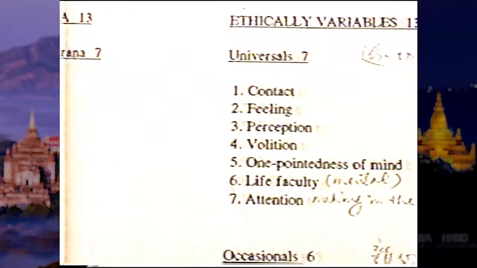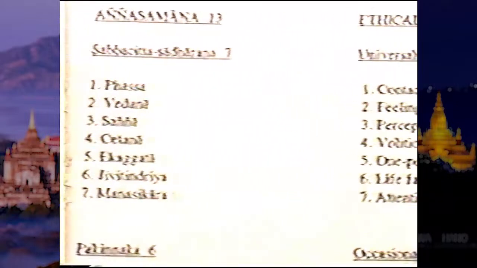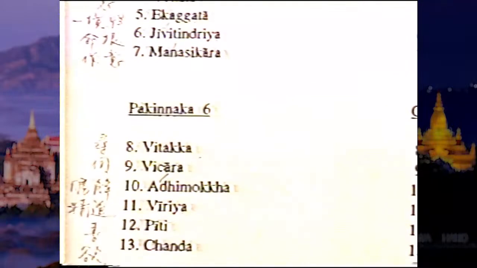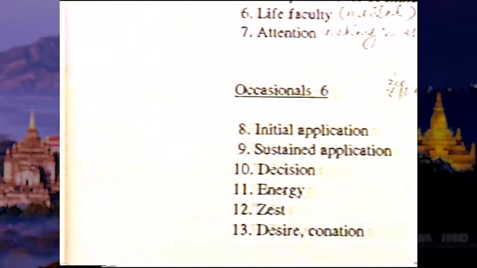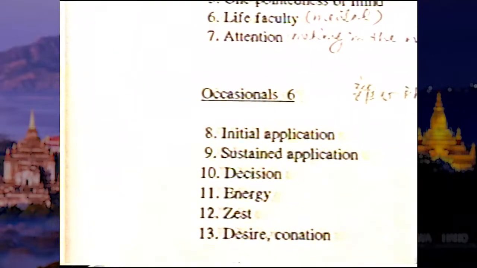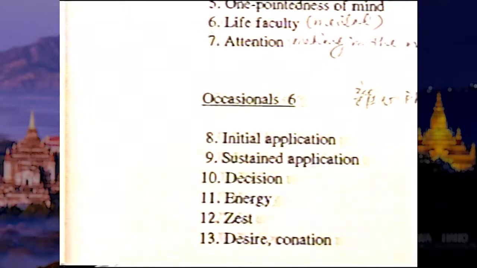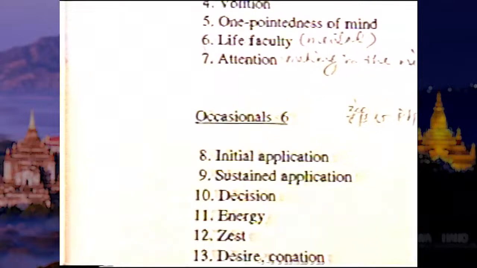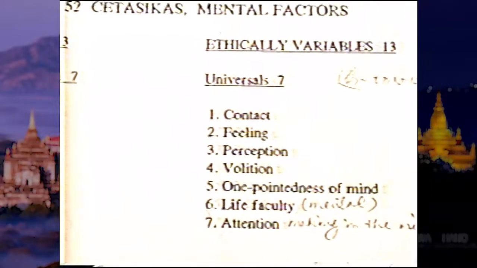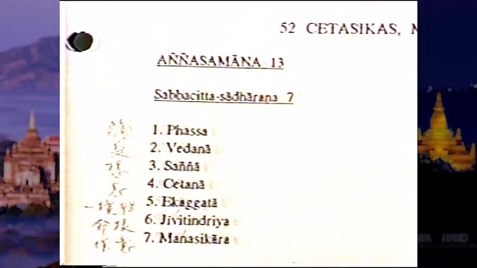There are 7 of them. The other 6 are called in Pali Pakinnaka, occasionals. That means they arise occasionally with these types of consciousness. So 7 universals and 6 occasionals make 13 ethically variables, or in Pali, 7 Sabbacitta Sadharana and 6 Pakinnaka make 13 Anyasamana.